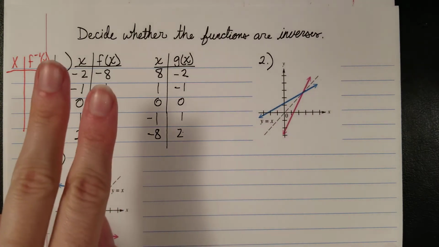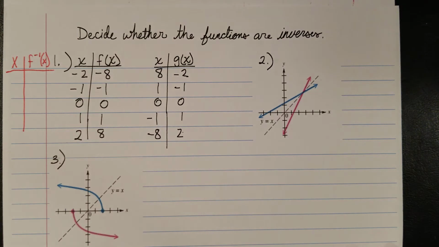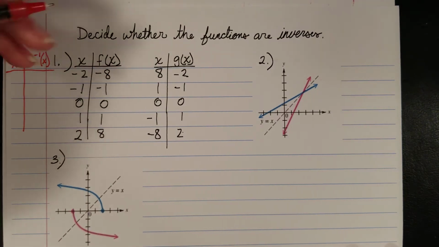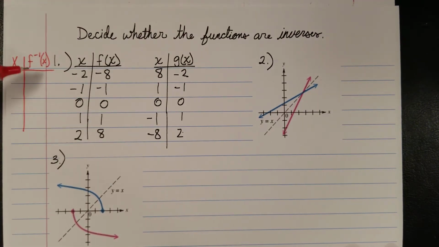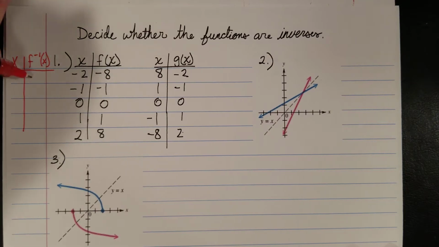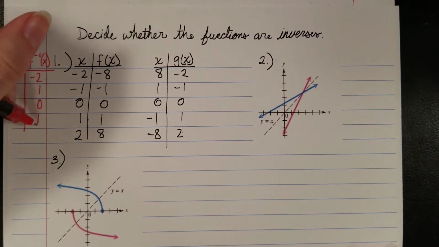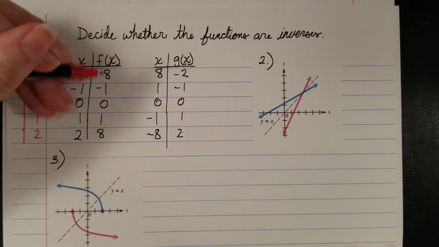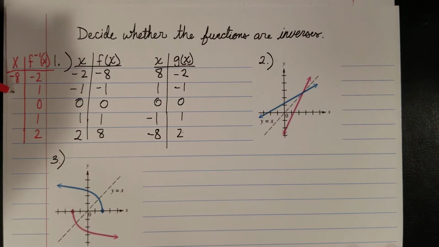That's all you're doing, is switch those two columns. All of these x values would move over here to the function value column, and then all these move over here.